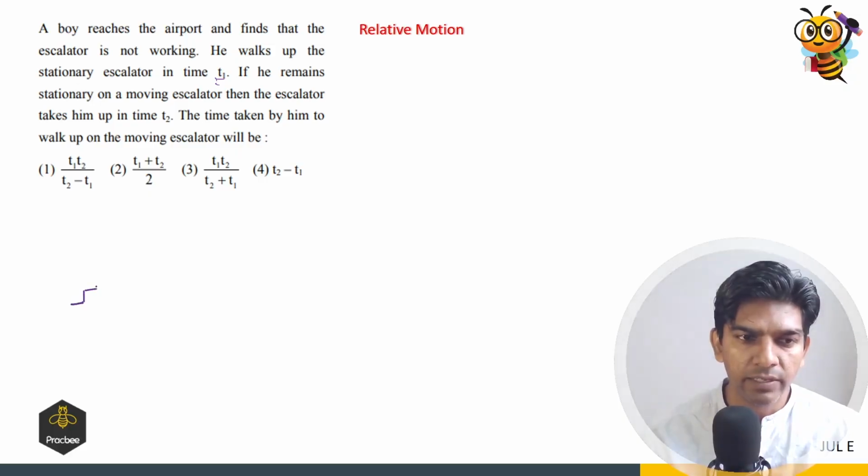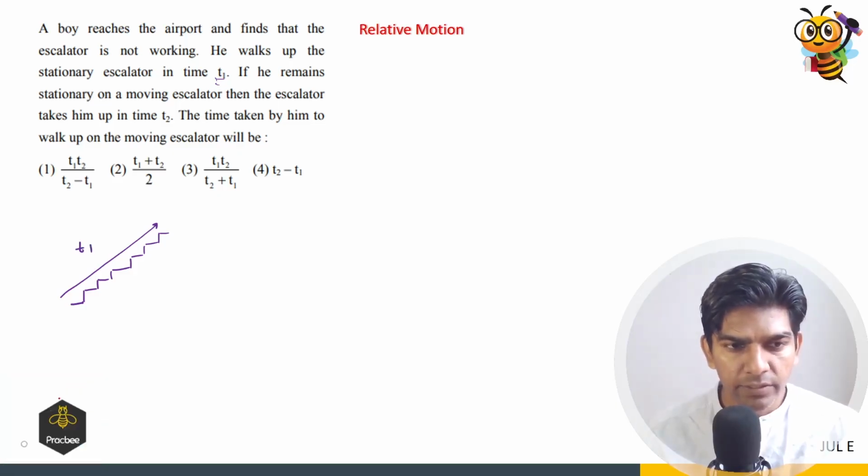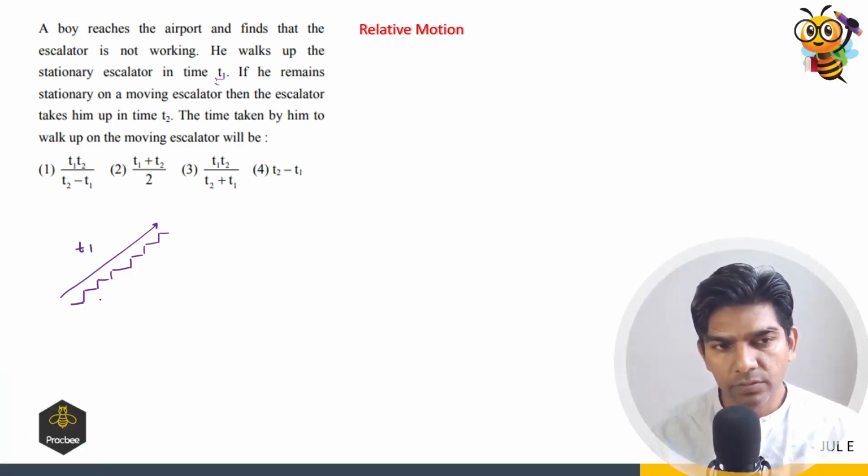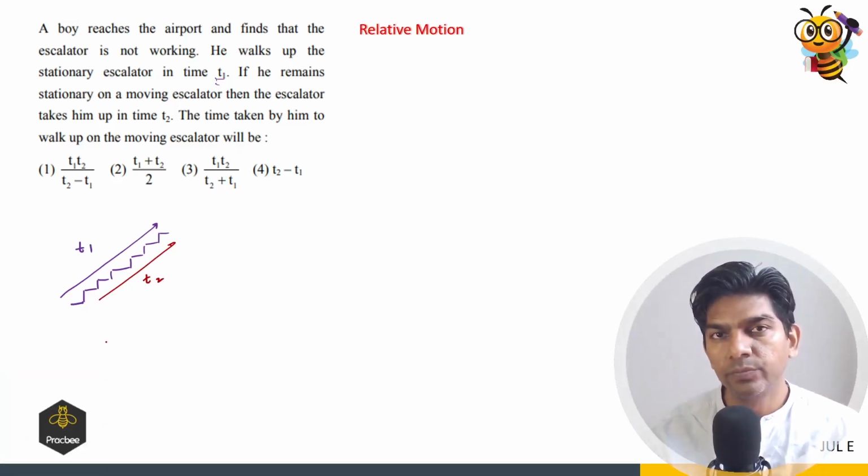So if the escalator is at rest, the time taken by the boy is t1. But if the escalator is moving and the boy is at rest, the time taken is t2. We have to find the time taken by him to walk up on the moving escalator.